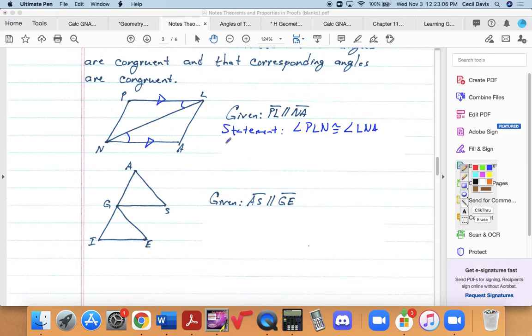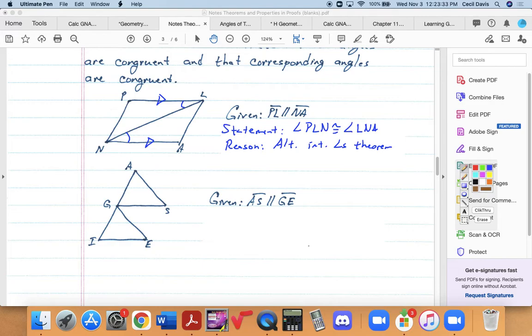How do we know that? Yeah, it's the alternate interior angles theorem. When lines are parallel, alternate interior angles are going to be congruent.